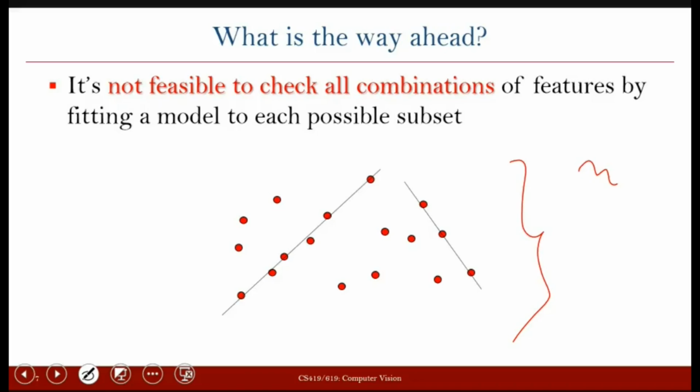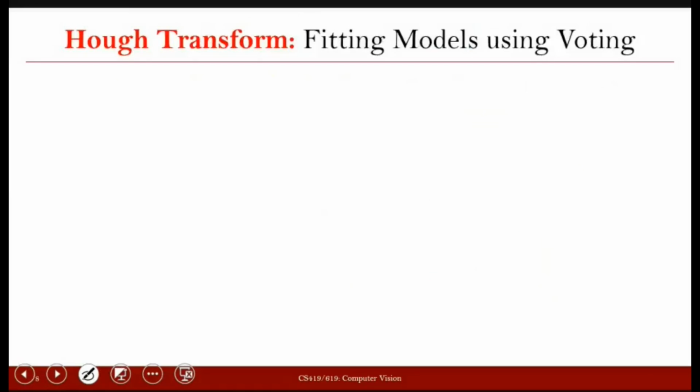You may think that consider some set of points and then see if they fall on a line or not. But it is not actually feasible to check all these combinations. It's not possible to consider some k points from all these given points and then see if they are falling on a line or not. So we need a systematic way to do this. That's where the Hough transform comes into the picture.